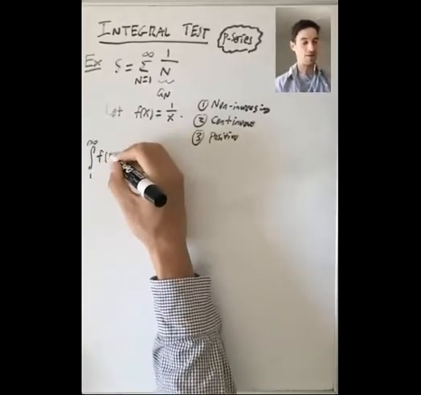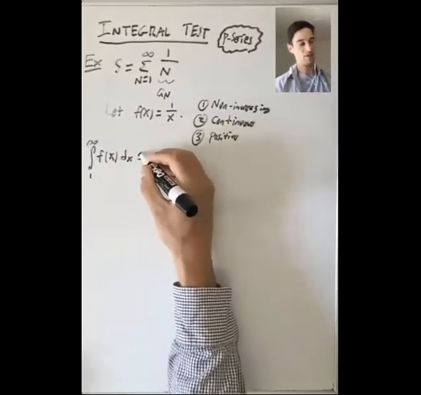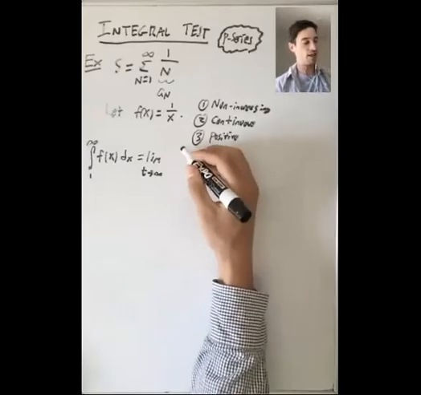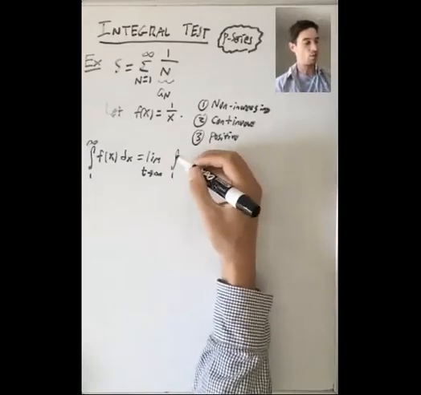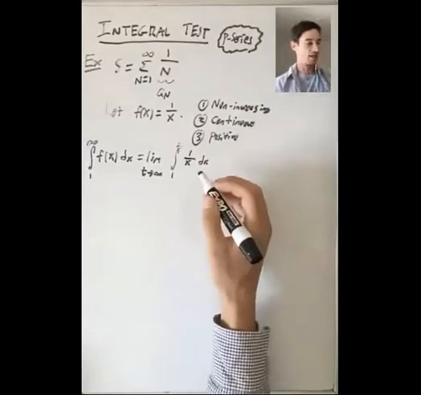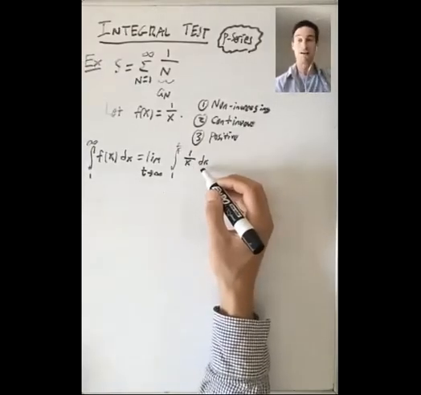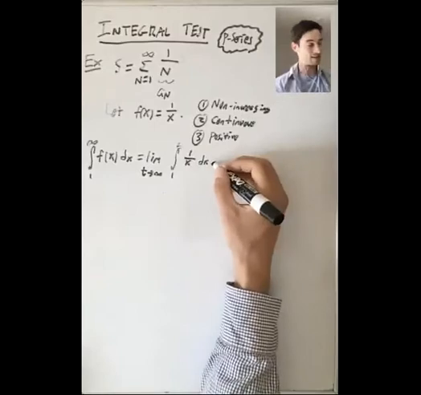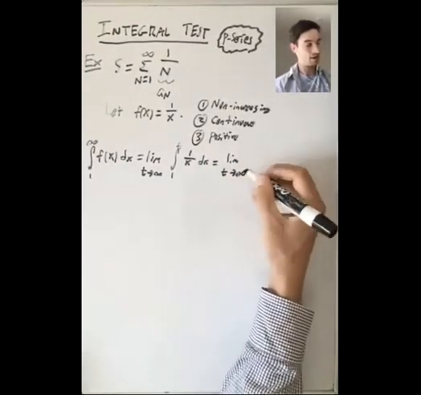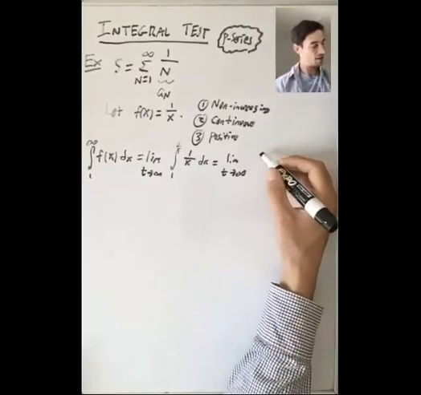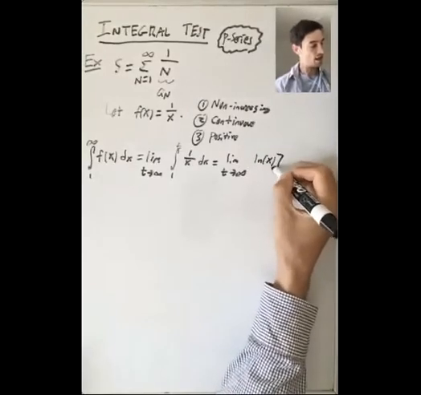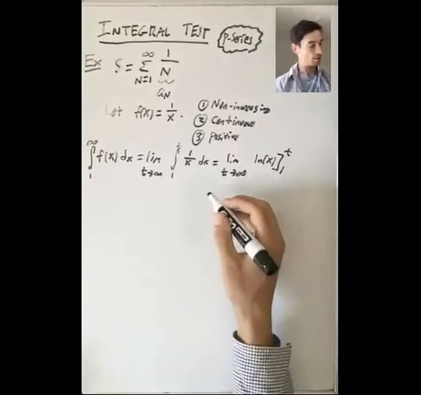So we're going to tell whether or not this series converges by looking at the improper integral from 1 to infinity of f of x dx, which is the limit as t goes to infinity of the integral from 1 to t of 1 over x dx. And this is an integral we know how to do because we know an antiderivative of 1 over x. So this is a limit as t goes to infinity of natural log of x evaluated at t and at 1.